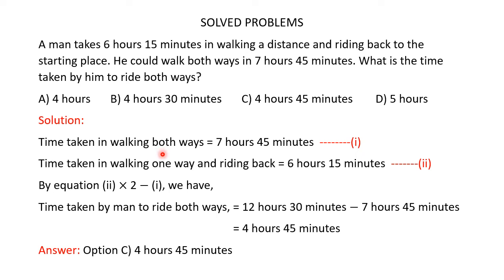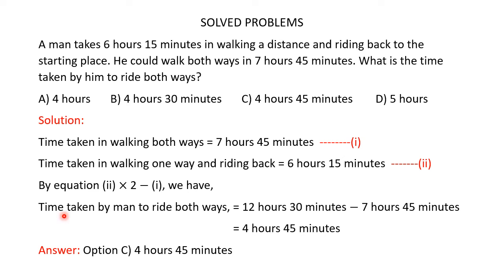Then we'll get the time taken by the man to ride both ways. Hope you have understood this. So first we have to multiply equation 2 with 2 and subtract equation 1 from the new equation. Then we'll get the time taken by the man to ride both ways.